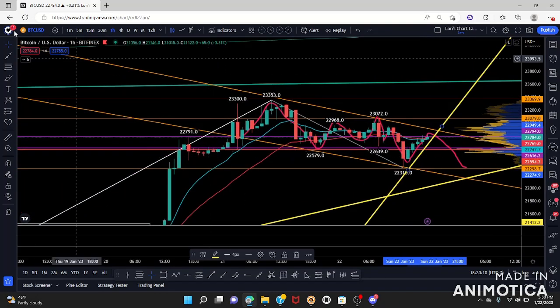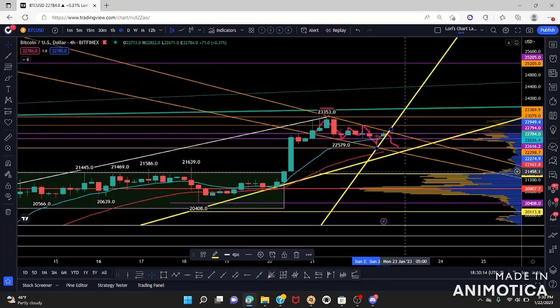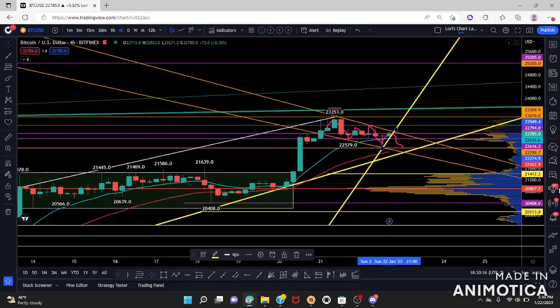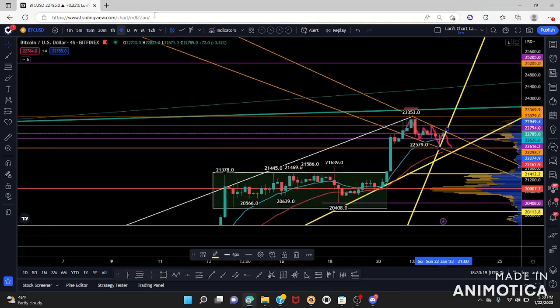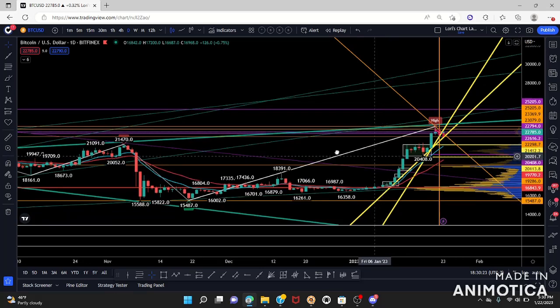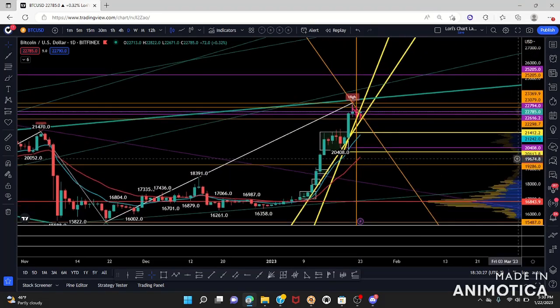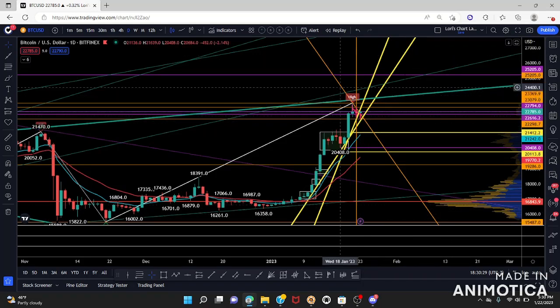But for now, just based on my TA, I think we've reached a topping point, and I do see it rolling over, especially if you go on your daily. You see your point of control is all the way down here, and usually price comes back to our point of control.